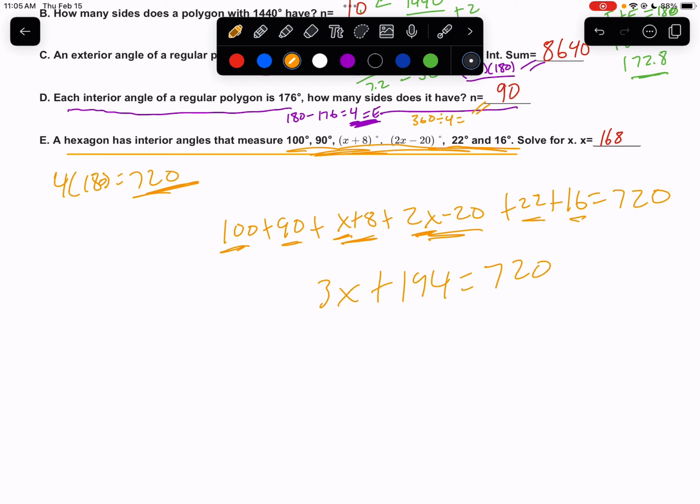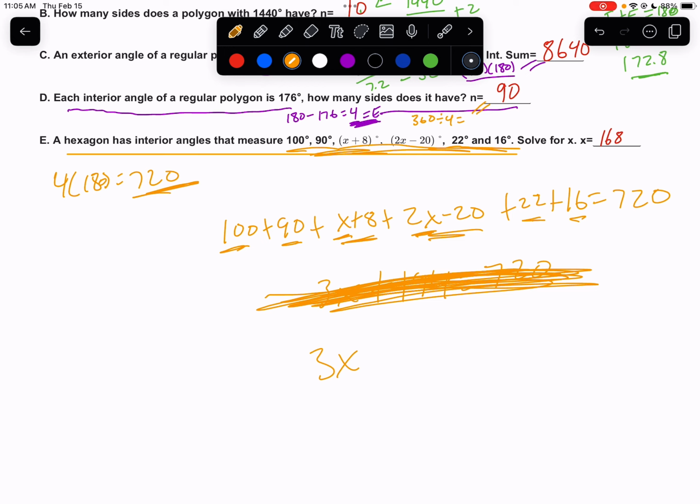And so 720 minus 194 is 526. Wait. Something's not right. 100 plus 90 plus 8 minus 20 plus 22 plus 16. That's 216.